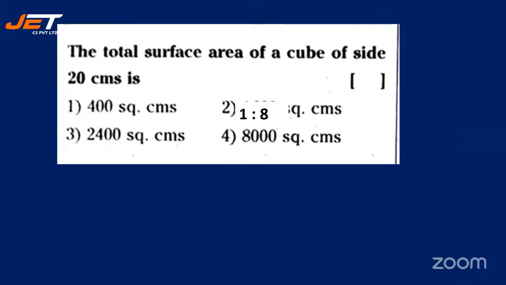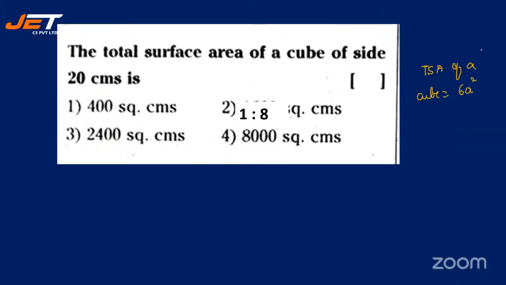Isn't it? So what is the total surface area of the cube? It is 6a square. So what is TSA of the cube? TSA of a cube is 6a square, isn't it?